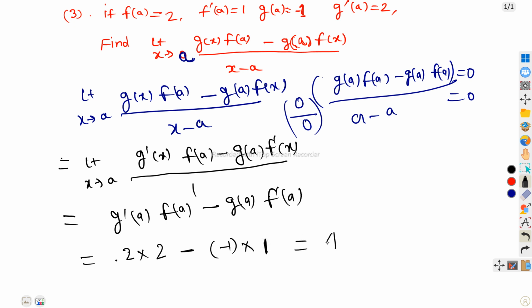Then this becomes 4 plus 1 equals 5. This is the required answer of the given problem. So we have solved 3 examples using L'Hopital rule.